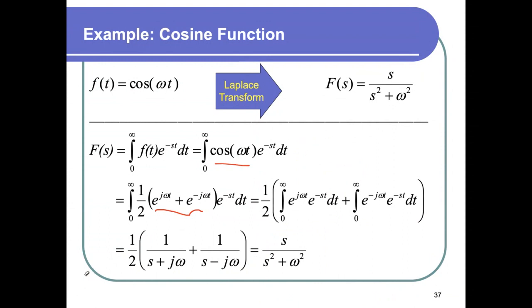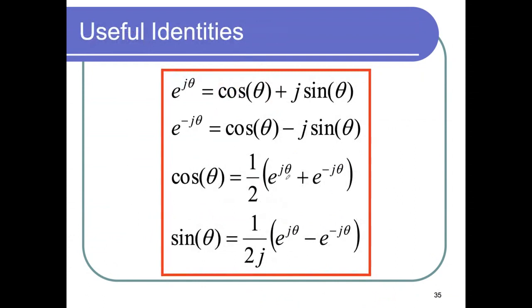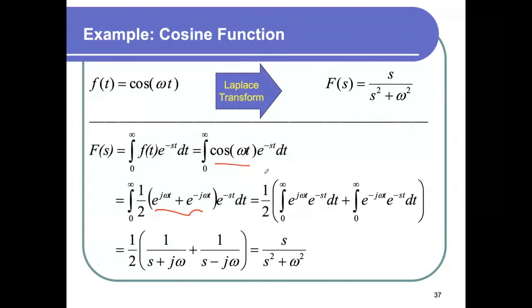No. Okay. All right. So with Euler's formula, the cosine is 1 over 2 times e to the power j omega plus e to the power minus j omega. Okay, good. So at least we know that. All right. So let us do that. Let us go from here.